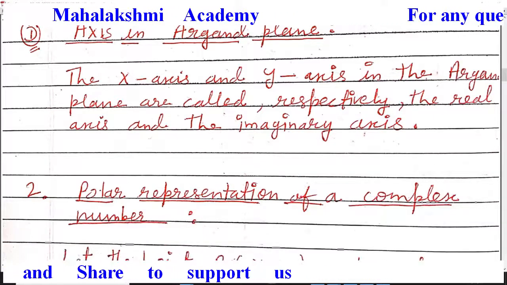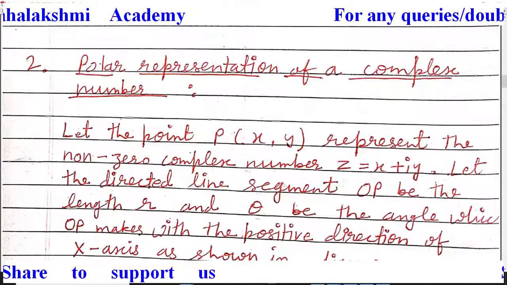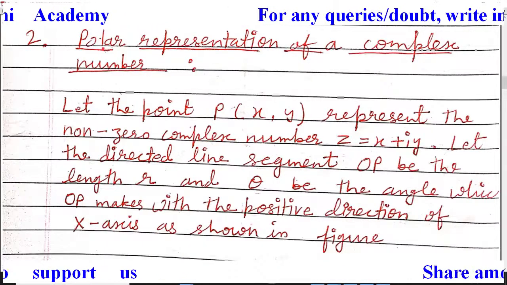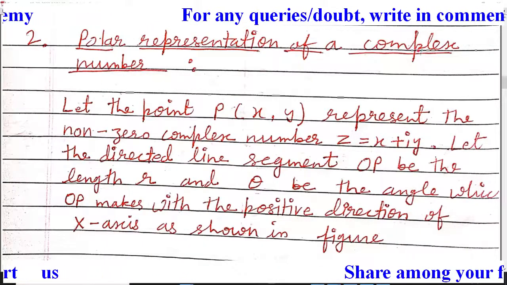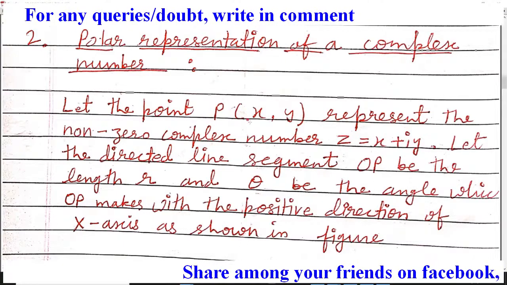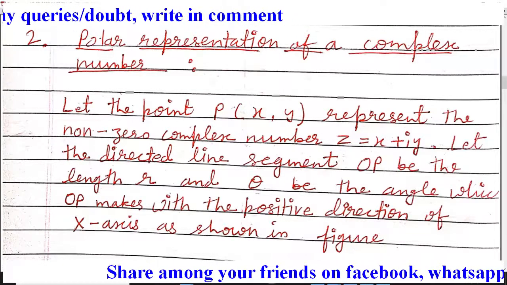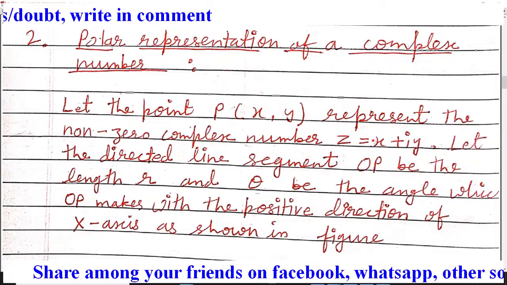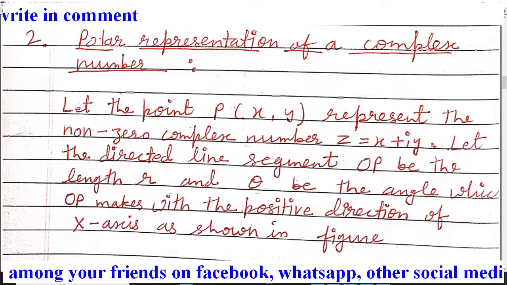Now the next topic, that is point second, polar representation of a complex number. Let the point P(x, y) represent the non-zero complex number z equal to x plus iota y.